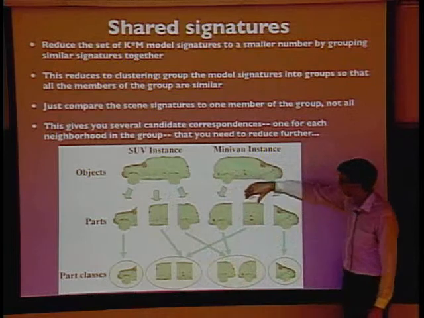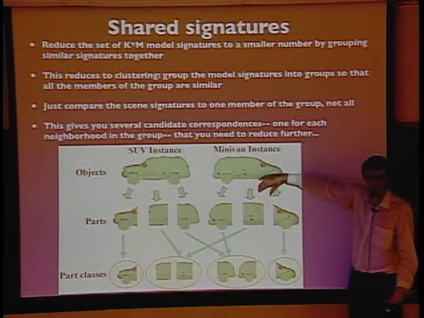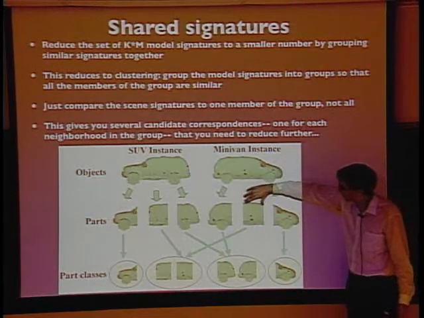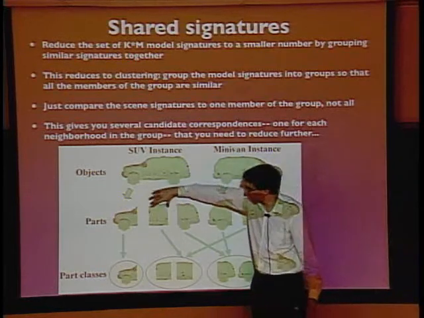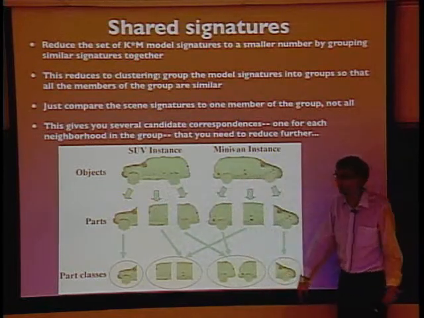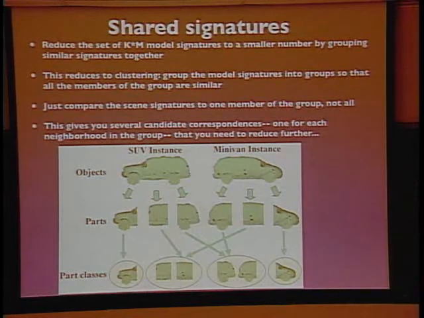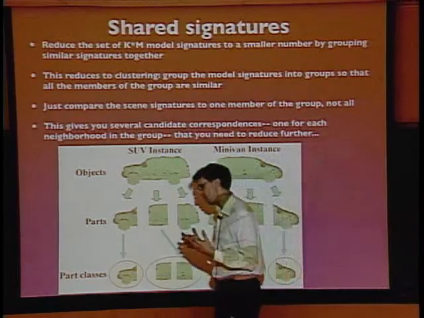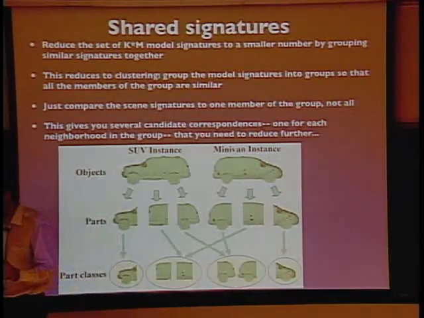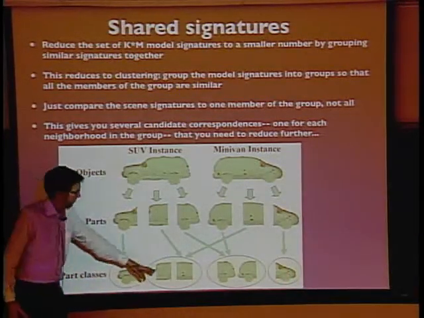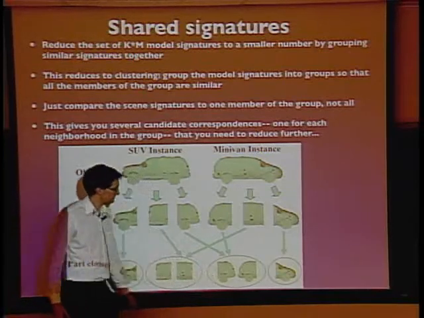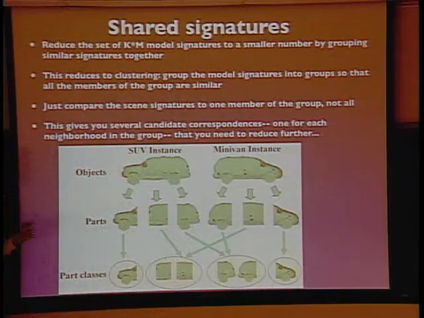In fact, if you just isolate this part of this object and compare it to this part of this object, they look quite similar, even though they're from different categories. So you can end up with a kind of minimal set of so-called part classes, such as middles and back ends. And if it turns out that SUV front ends don't look like minivan front ends, then that's fine. Then you can break those up into two different categories.